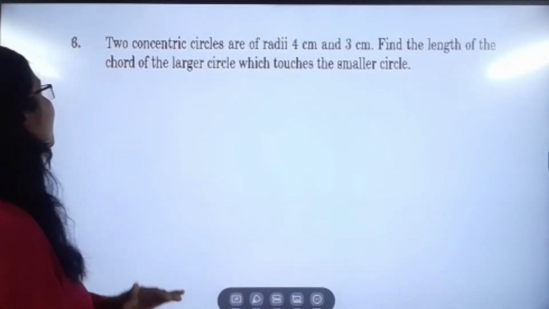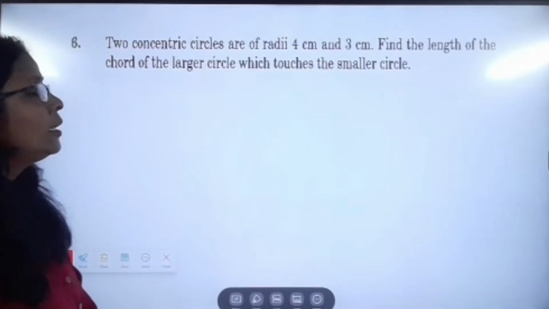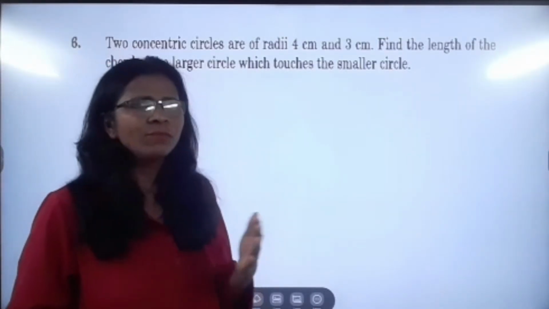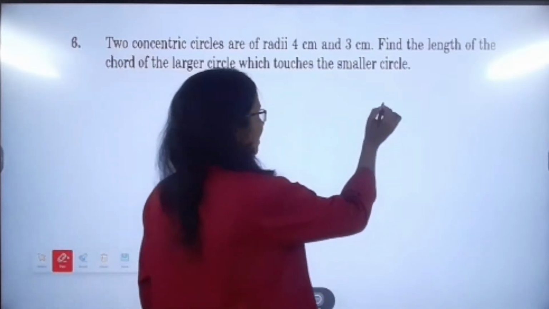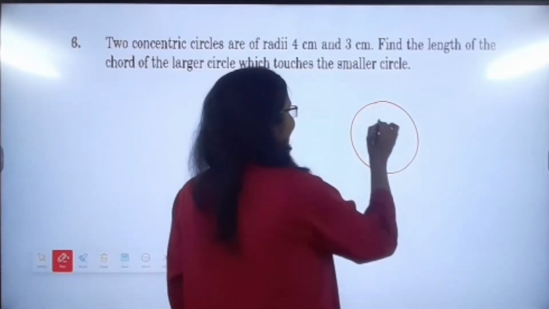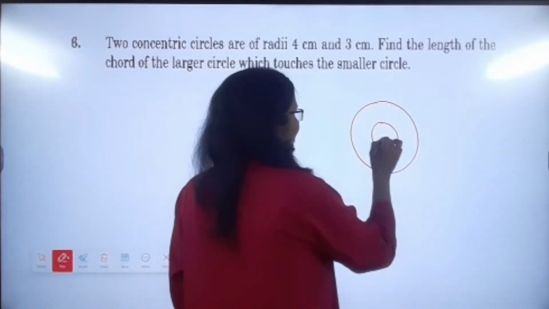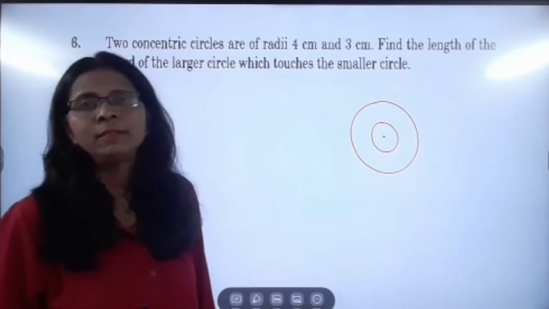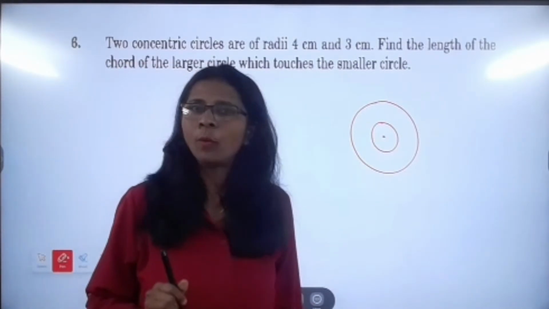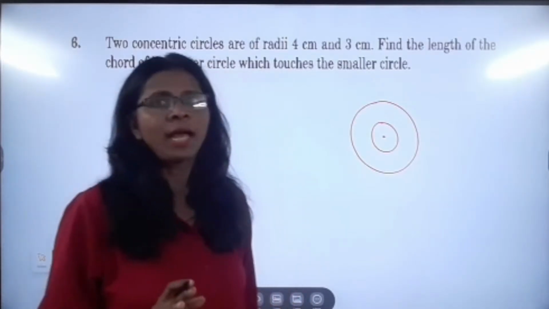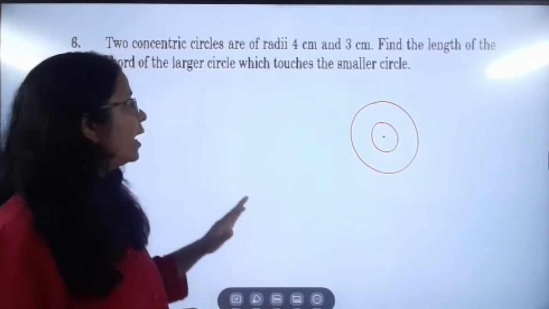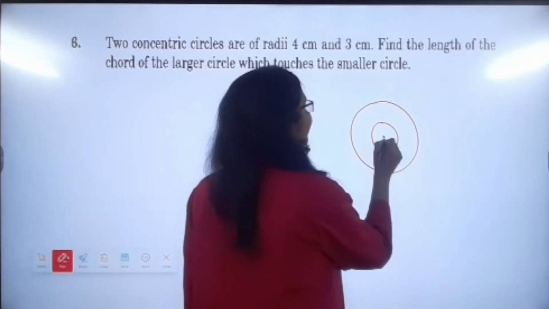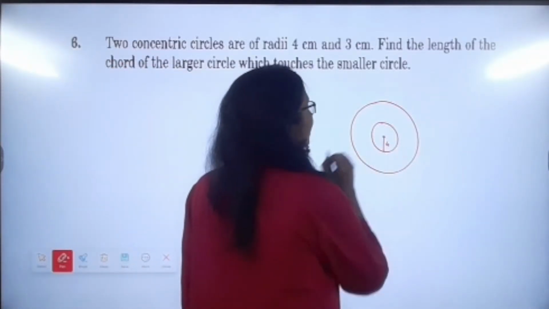First write down the two concentric circles. Two concentric circles means circles having a common center. The smaller circle has radius 3 centimeter and the bigger one has radius 4 centimeter.